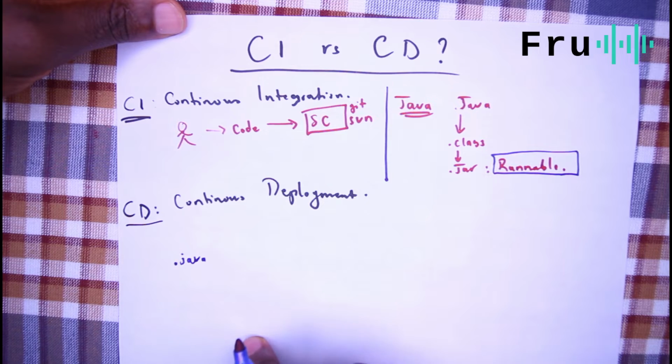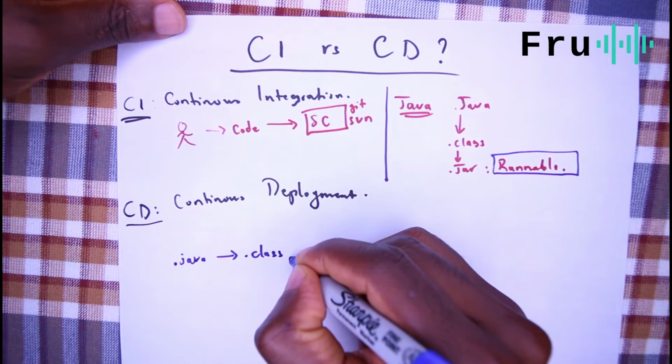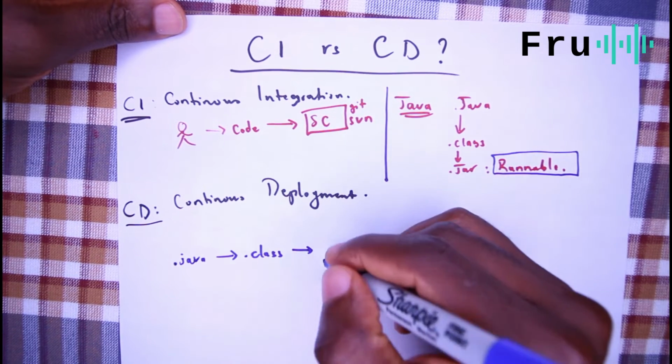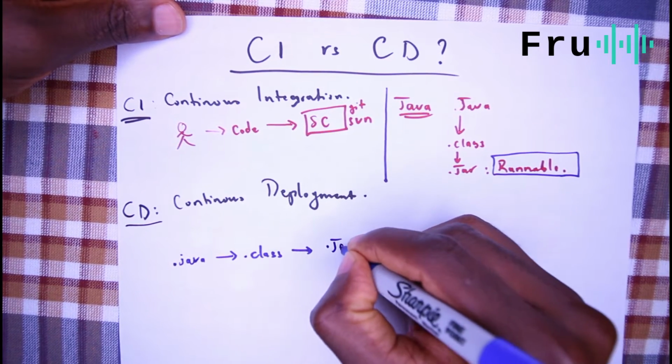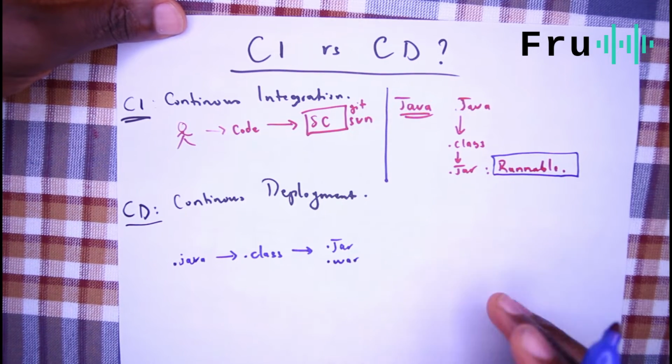That's the file where you write your code. We need to take that and compile it to .class. Then, depending on the code and all the dependencies that we need, build that into a .jar, or .war, depending on what kind of application you're building.